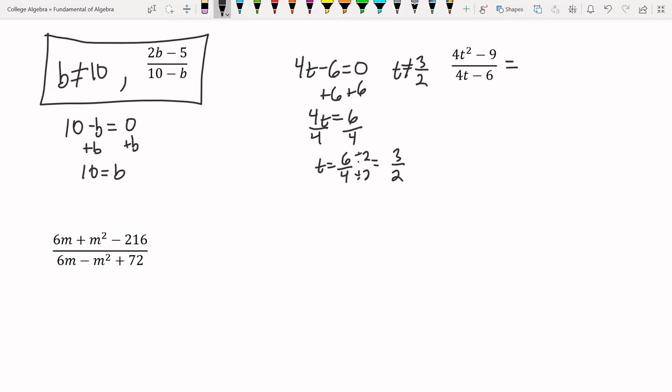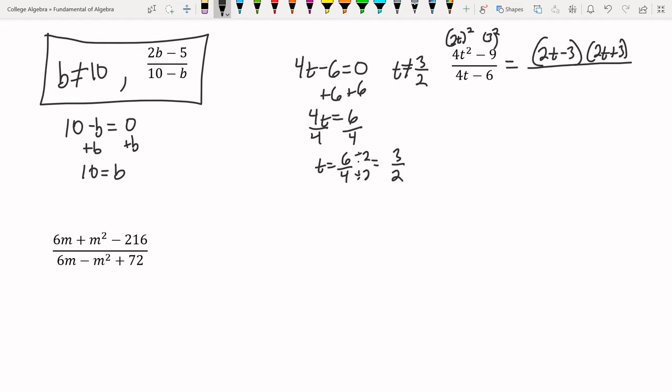On top, 4t squared minus 9. This is a difference of two squares, namely 2t squared and 3 squared. So on top we have 2t minus 3 times 2t plus 3. That's the formula for difference of two squares, and that's how you can factor it immediately.